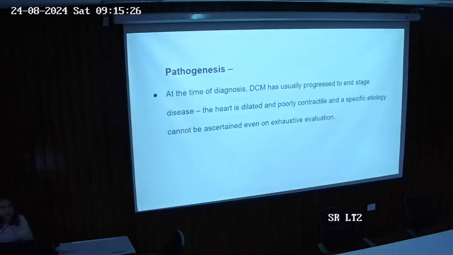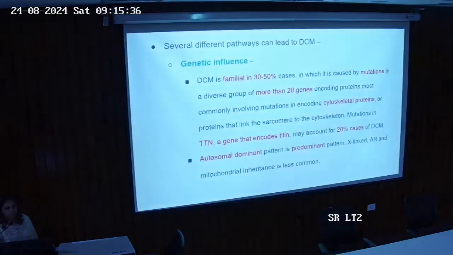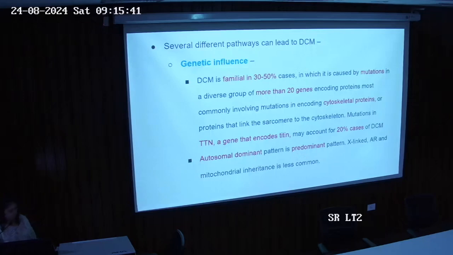So what is the pathogenesis? Usually DCM जब तक हम उसको डायग्नोज कर पाते हैं बहुत ज़्यादा आगे चला जाता है, इसलिए उसकी exact etiological agent पता नहीं कर पाते. So but still we'll obviously find out what the etiology is. It's most commonly genetic. Okay, it is familial in 30 to 50% of the cases.